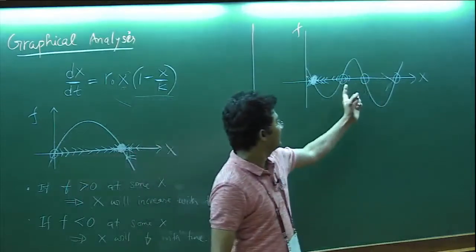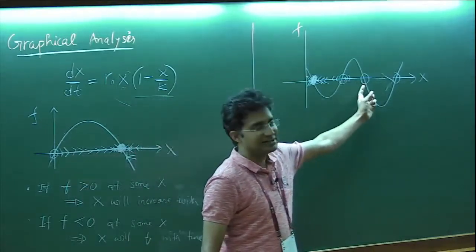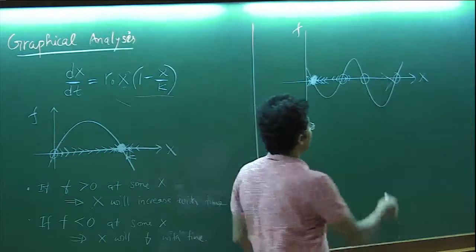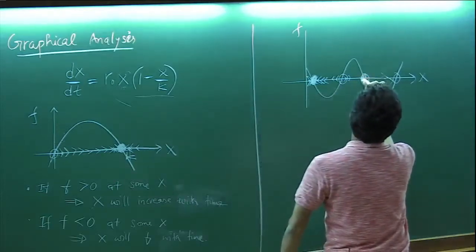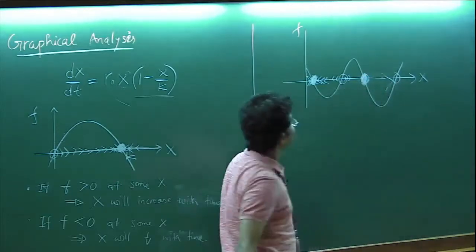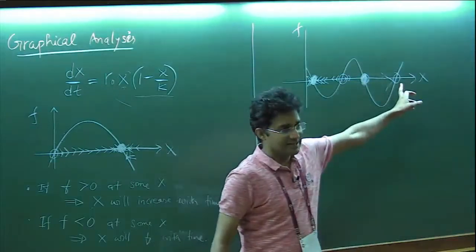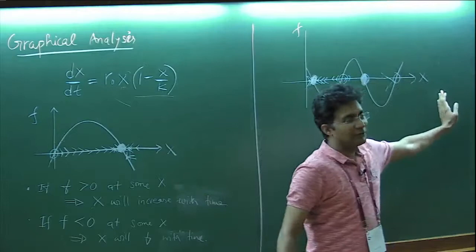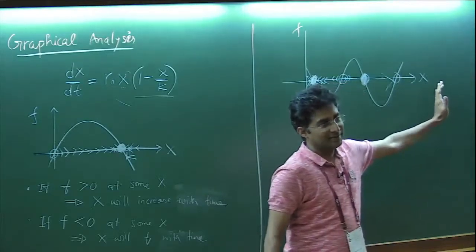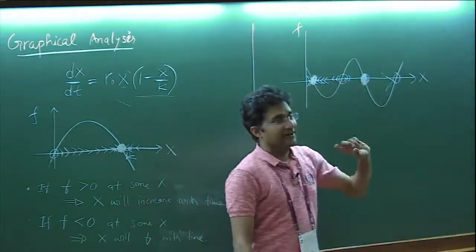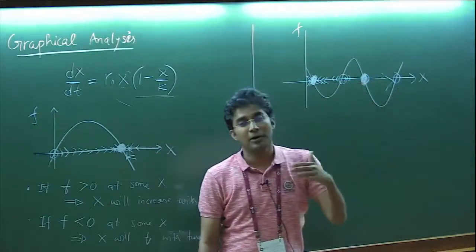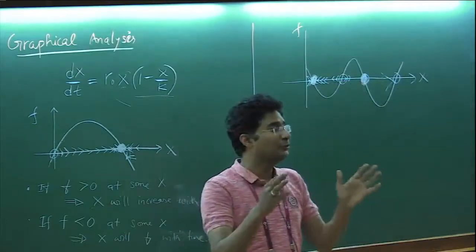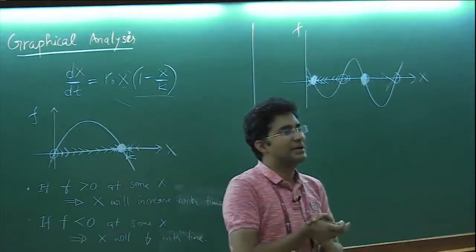The next one. This is therefore unstable. How about the next one? Stable. This one? Stable. Unstable. Unstable. Imagine if it were to cut once more, what would that be? Stable. So in fact, you can also see a pattern here. Stable and unstable equilibria always alternate. You can't have two consecutive stable equilibria at all.